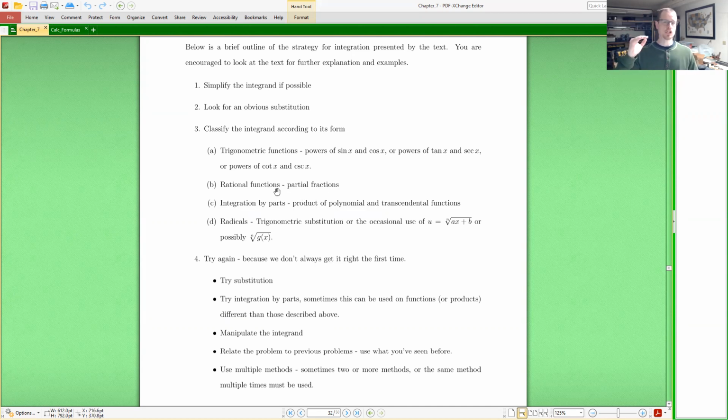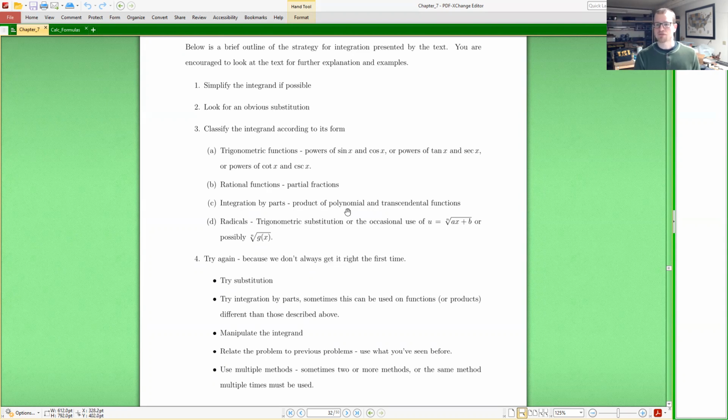It might be something that looks like it could be a polynomial divided by a polynomial if it were the right powers. If we see that everything is x to the 1/6, or the 6th root of x to a power, perform the substitution, let u equal x to the 1/6. I think we did this in the previous section. So we can find rational functions somewhere and apply partial fractions. So that's a possibility.